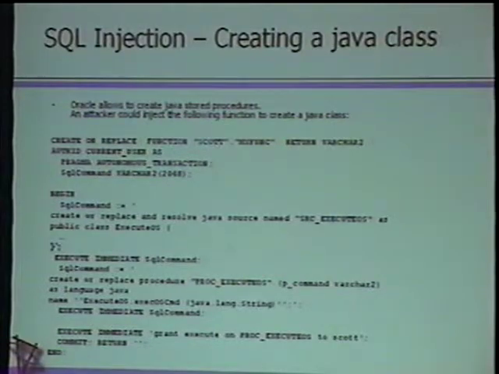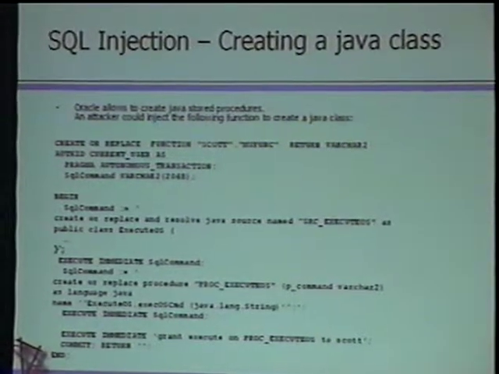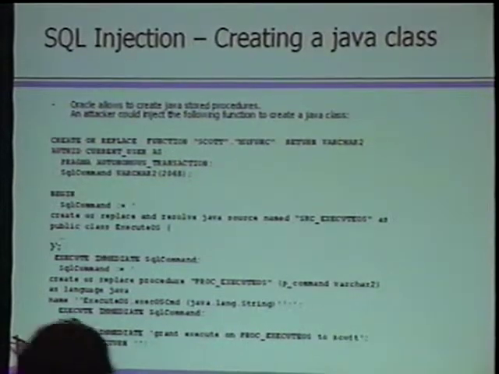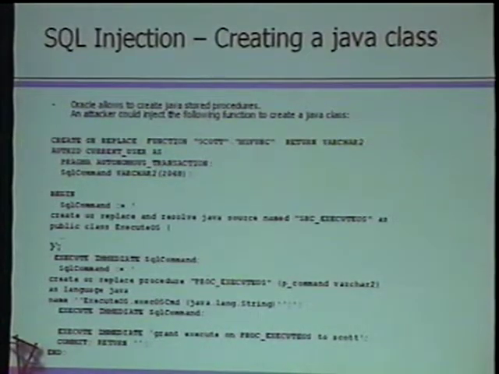Well, the Oracle database server allows creating Java stored procedures that can execute Java code. This is useful for an attacker because the Java language has a lot of features, like networking and operating system commands.